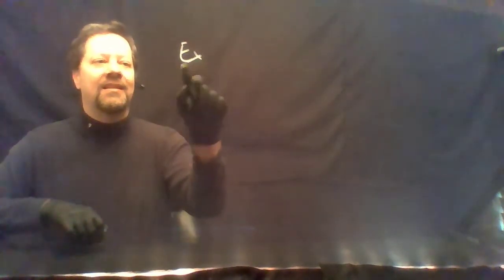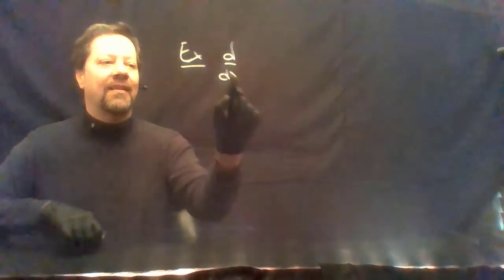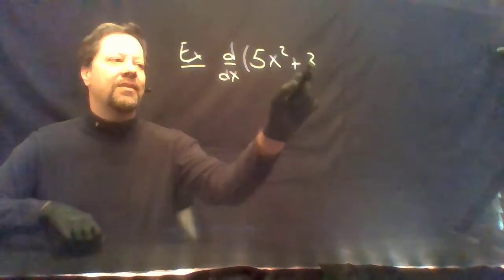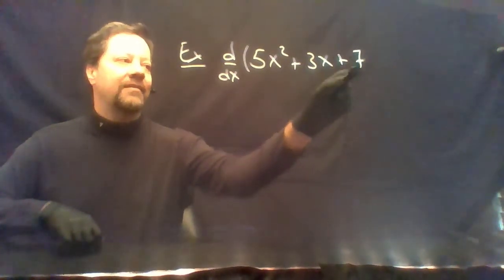The power of this last theorem is that it gives us, in conjunction with the power rule for derivatives, the ability to calculate the derivative of any polynomial. So for example, let's take the derivative of 5x squared plus 3x plus 7.